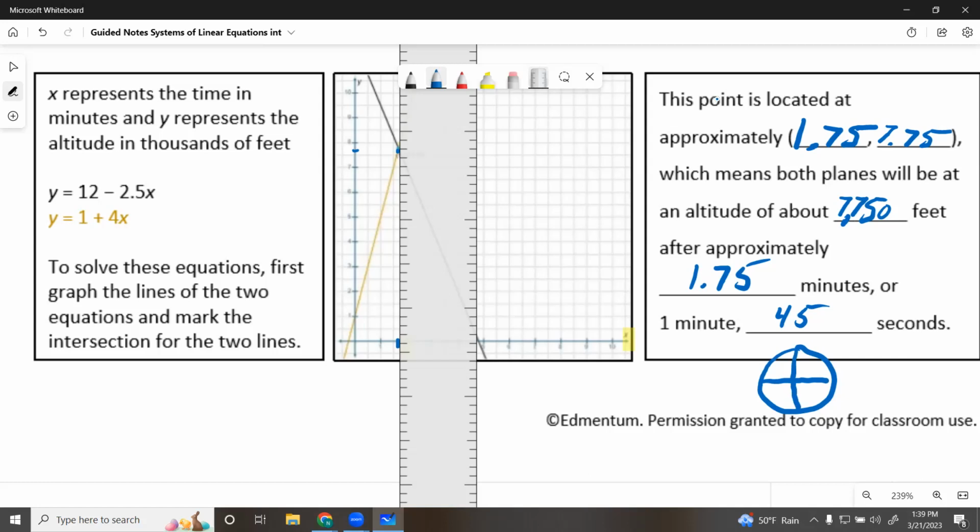This is 15 minutes, 15 minutes, 15 minutes, and 15 minutes. So now we have 15, 30, 45. That's how we got that 45 right there. Okay, going to pause and move on to the next problem.